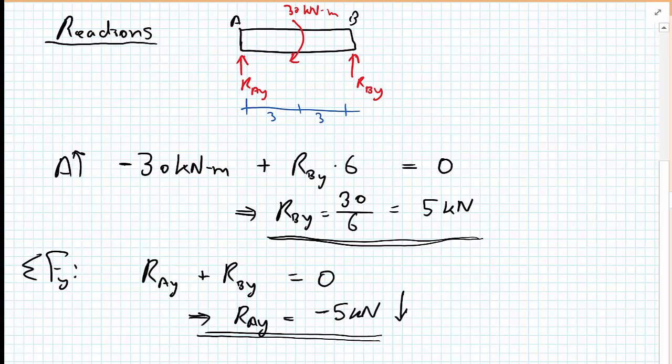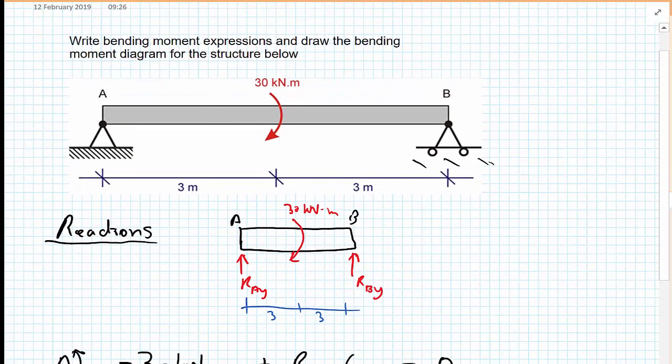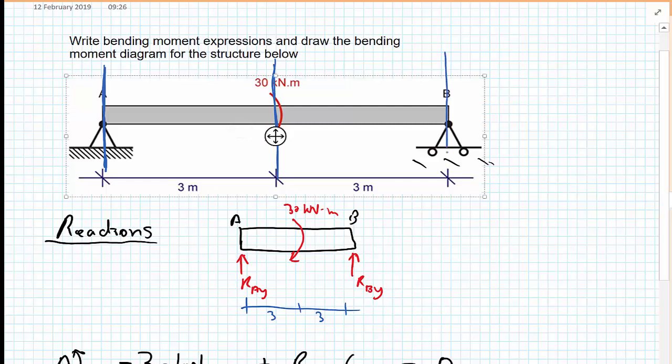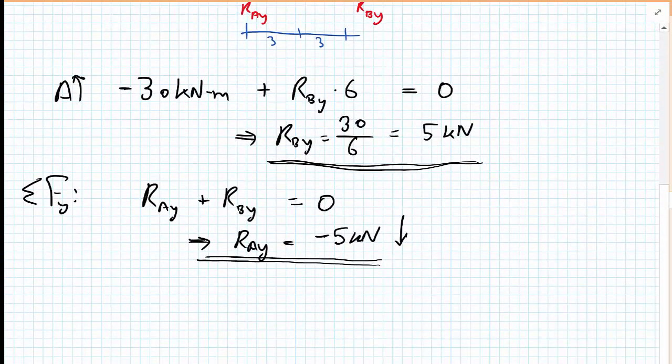We can move on to different sections of our beam to calculate our shear force and bending moment equations, and then draw the bending moment diagram. In this beam we have a change in the loading here in the center, and a change in the loading at B. So we're expecting 2 sections where we need to write bending moment and shear force equations.